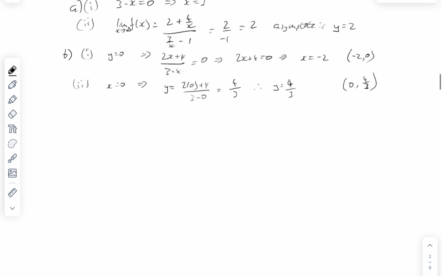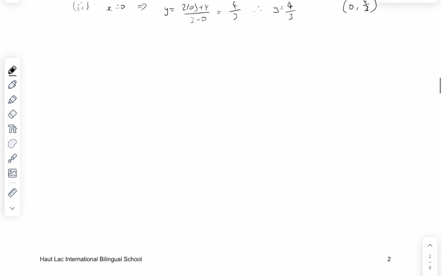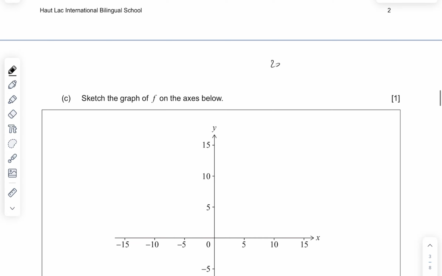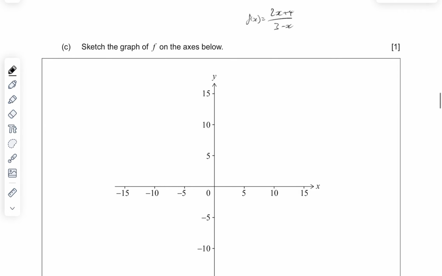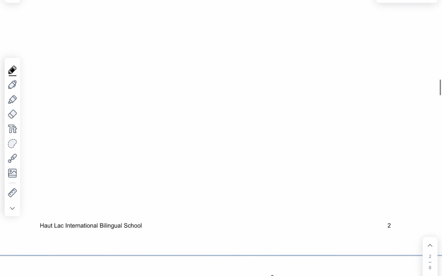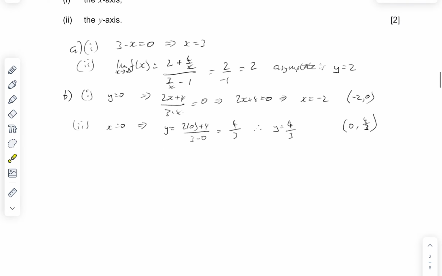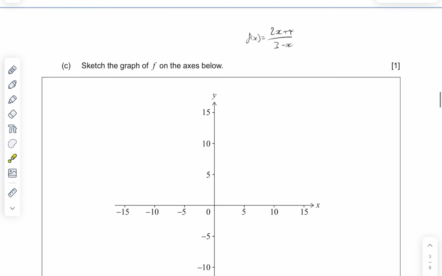Sketch the graph. I'll just take the equation 2x plus 4 over 3 subtract x. So now we have these points here. It goes through negative 2 and 4/3. So x is negative 2, it's about here, and 4/3 must be here somewhere.